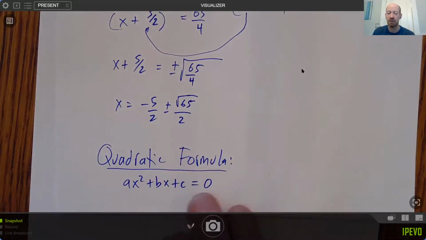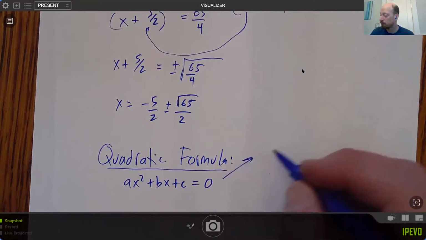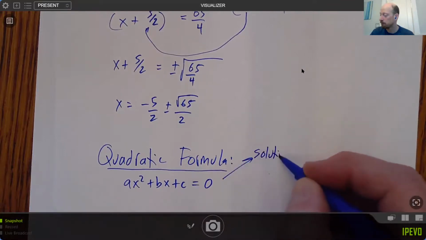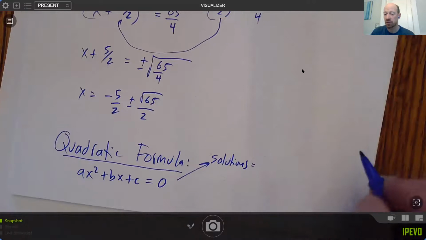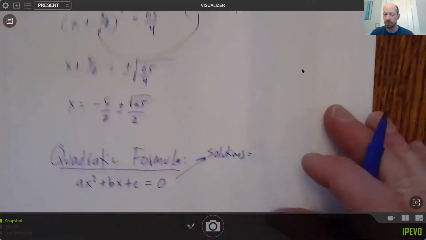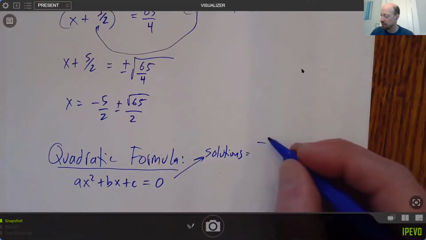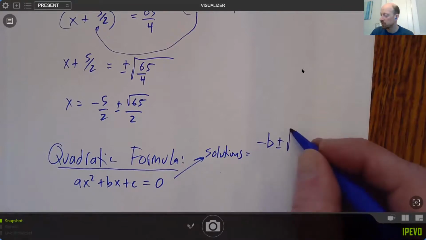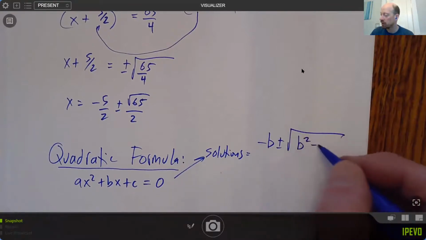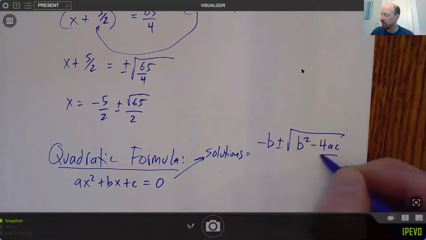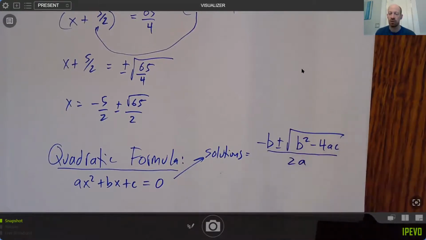So the quadratic formula says the solutions to this are negative b plus or minus the square root of b squared minus 4ac, over 2a.